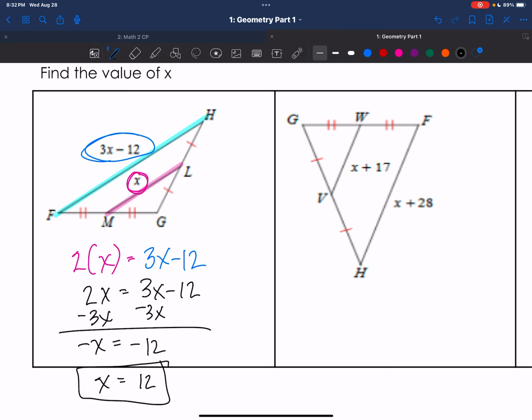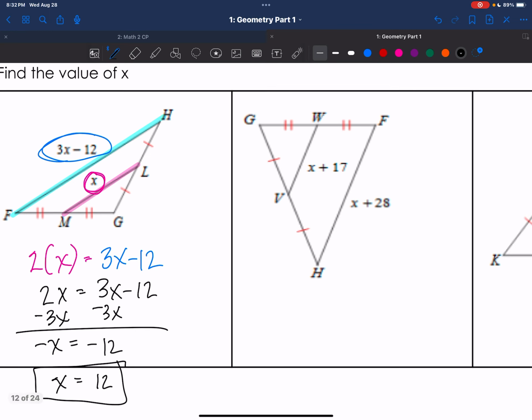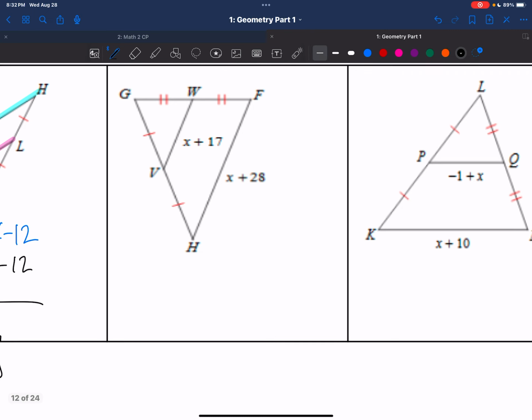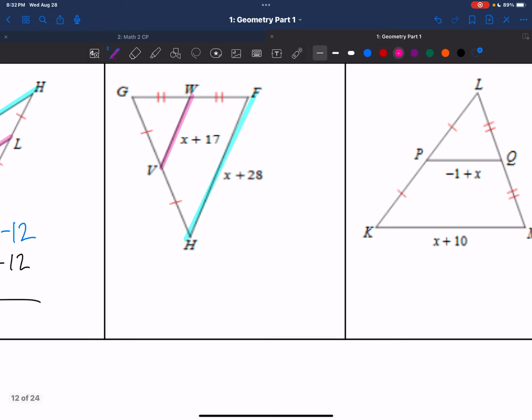All right. For this one, it's the same idea, but you have one little trick. Again, this is going to be your DE, and we know that because it's showing you that these sides are equal and these sides are equal, so you know these are mid-segments. So now you need two of them, and that's going to equal x plus 28.